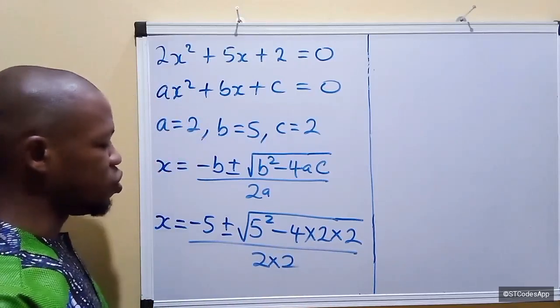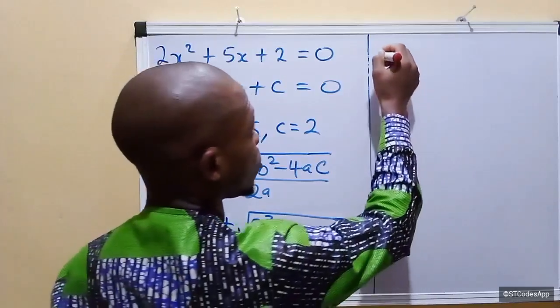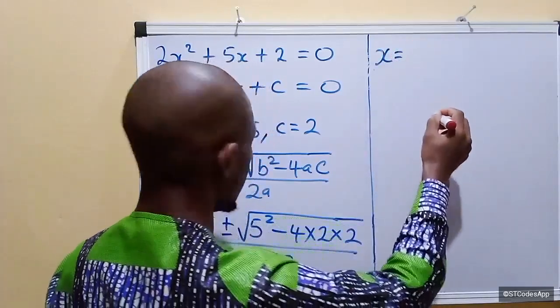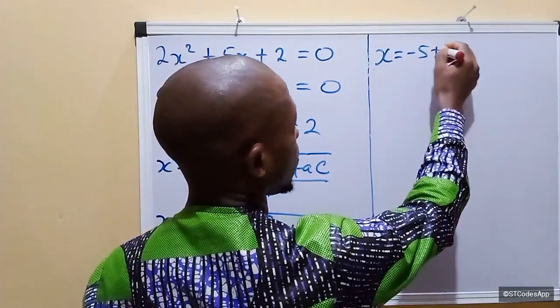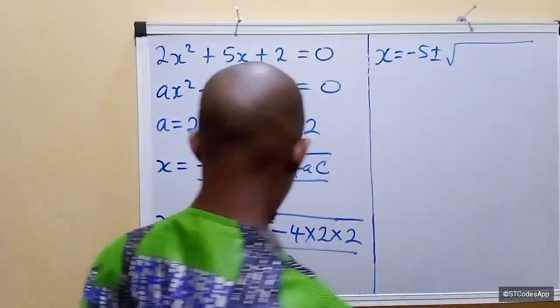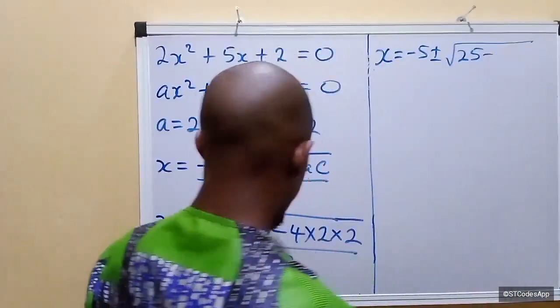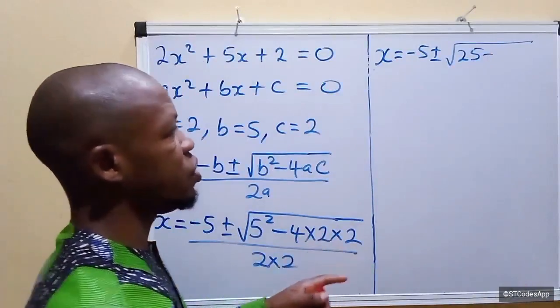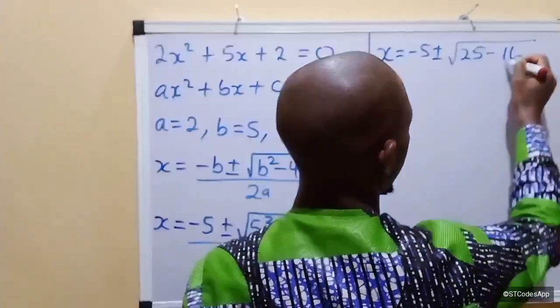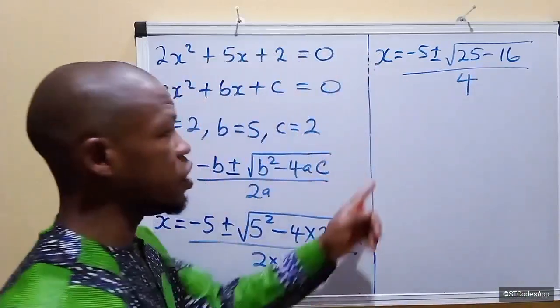The next thing we're going to do, let's try to simplify what we have in the square roots. So x is going to give us minus 5 plus or minus the square root of 5 squared is 25, 4 times 2 is 8, 8 times 2 is 16, so we have 16 here, all over 2 times 2 is 4.